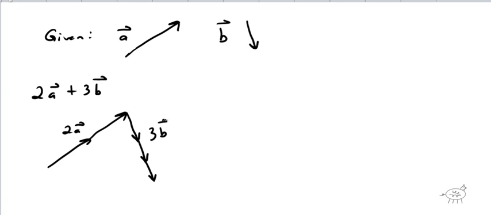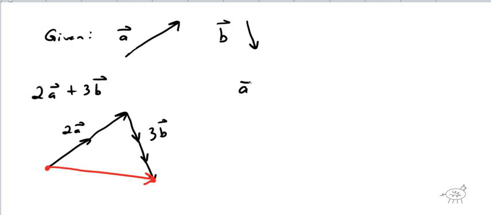That's 3B. Okay? And then your resultant vector, again from the start, you're starting right here and you're ending up right here. So this is the answer. That's the resultant vector. You need that red line, actually red ray, make sure you have the arrow, and that would give you the answer. Okay? Pretty easy.